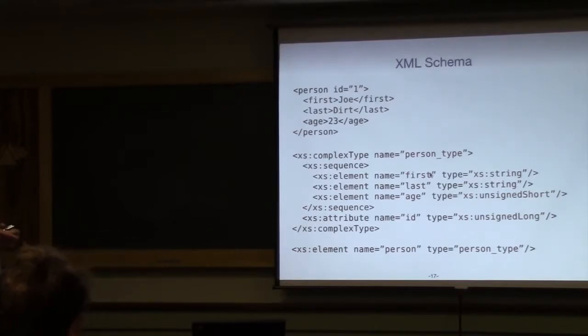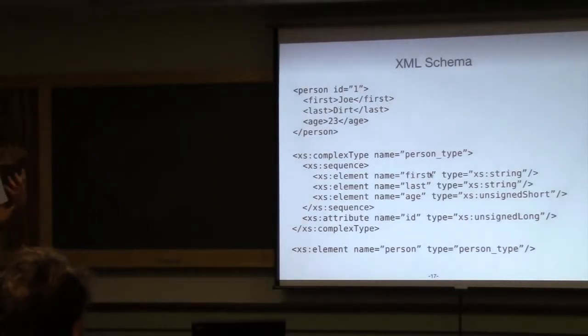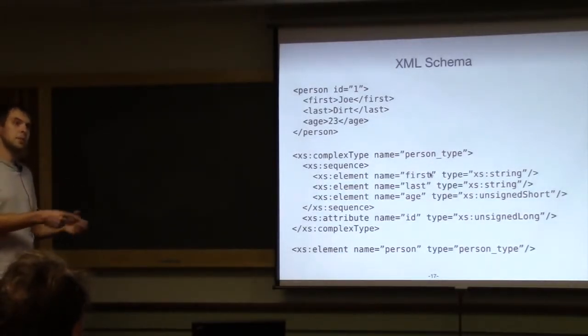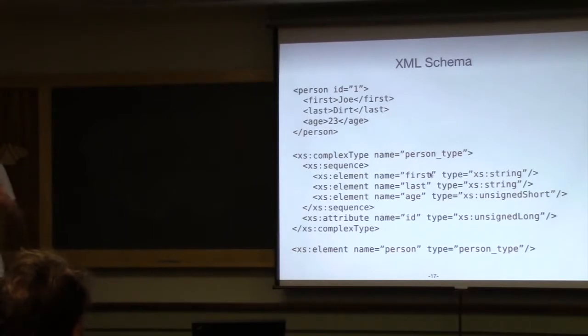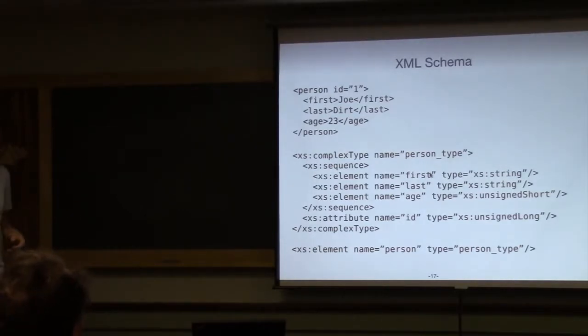XML vocabulary is our specialization of XML for a particular, sorry, maybe I should repeat the question. The question was, what is the difference between XML vocabulary and XML schema? XML vocabulary is more of an abstract thing. It's basically our use of XML for a particular business function or logic or application. So for example, we describe a person, we say the root element will be person, inside they will have name, age, and gender elements, and they will have such and such content.